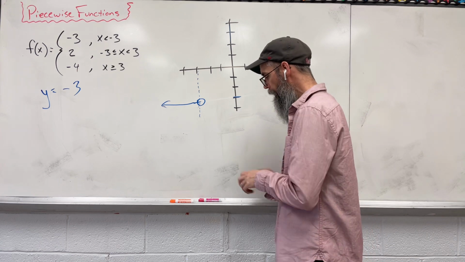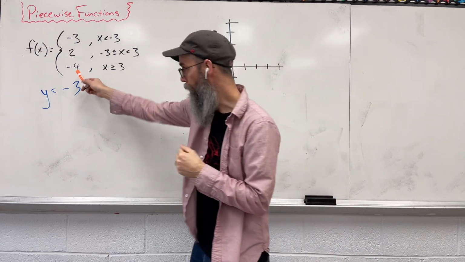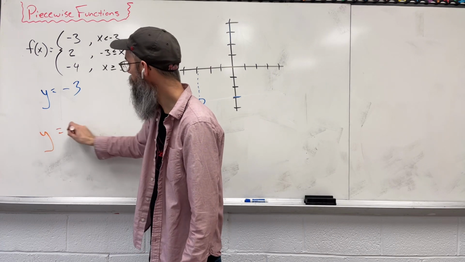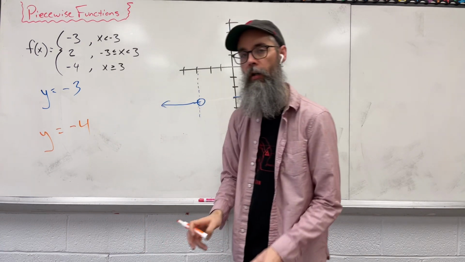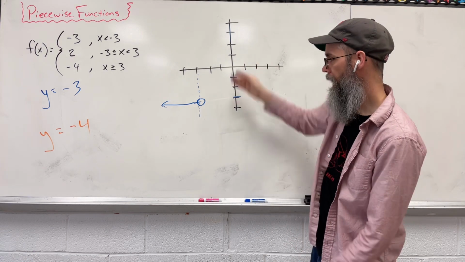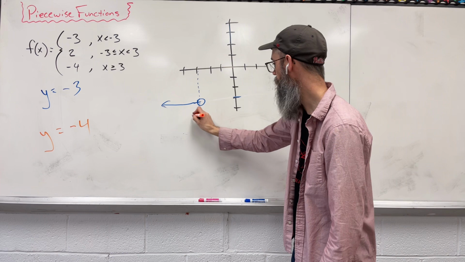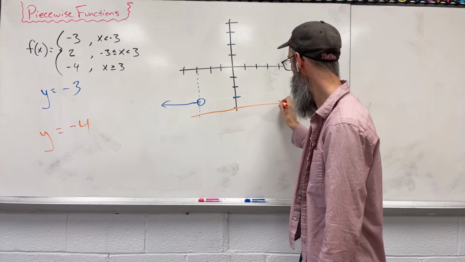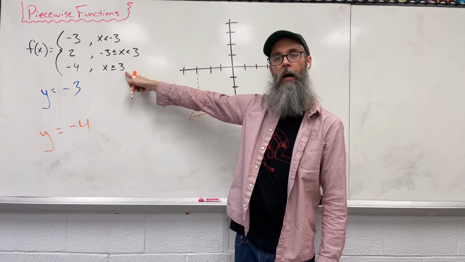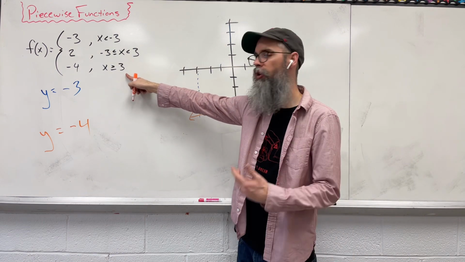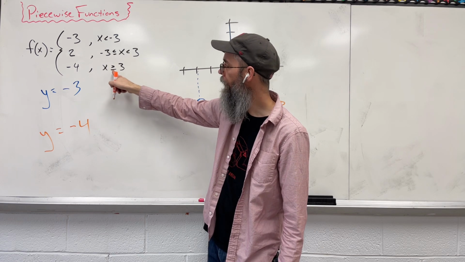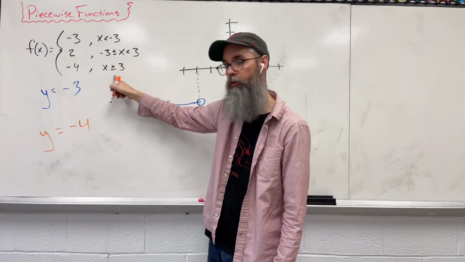Okay, let's jump down to the bottom here. Instead of f of x, it says y equals -4. So I'm going to find -4 on the y-axis, and draw a line. Okay. Now I revisit after the comma. These are my constraints. My graph, or x, exists when it's greater than 3.